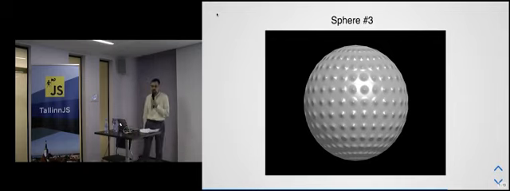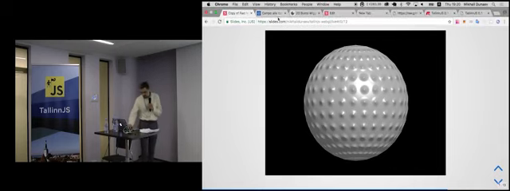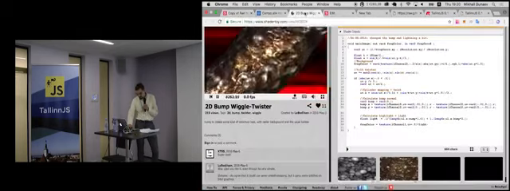The nature of this technique is that we compute the normal not for the actual surface that we have, but for a slightly different surface. With this technique, you can make nice looking shaders.